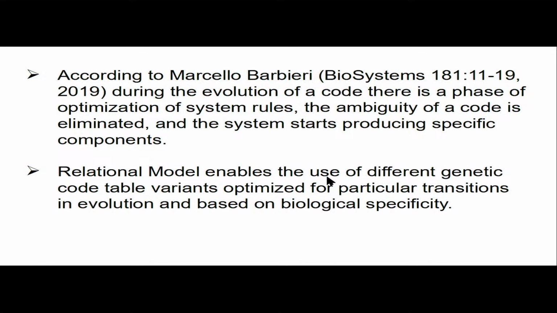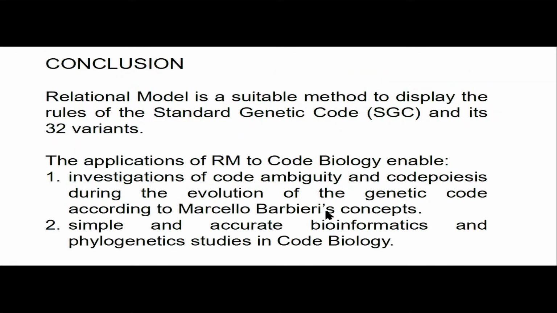We have several phases of how the amino acids, from the invariant part of the codes to ones depending on the third base, G column, G table or A table, are optimized for particular transitions in evolution which are based on biological specificity.